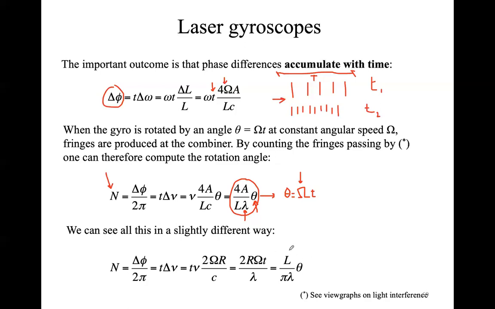The reason why you can also write this in this way is because, as you can notice, since the area is pi r squared and the length is 2 pi r, this enables us to express the number of fringes in terms of the properties, the size, of the gyroscope. So it means that if you want to have a larger number of fringes for a given theta, you have to increase your R. So it's the same principle that we have seen here.